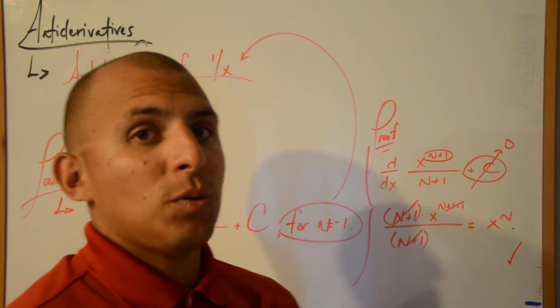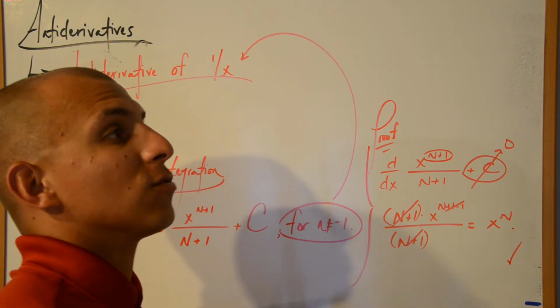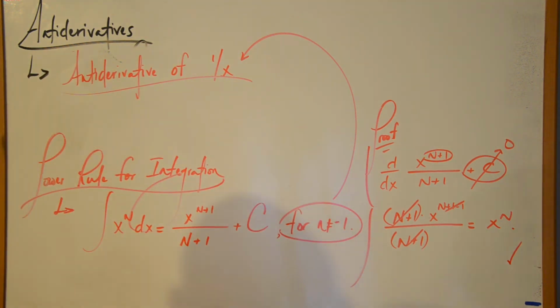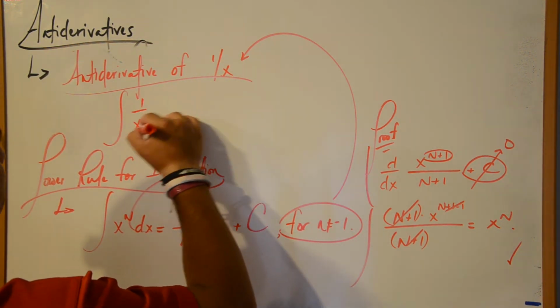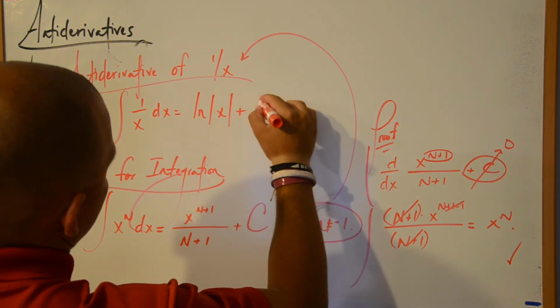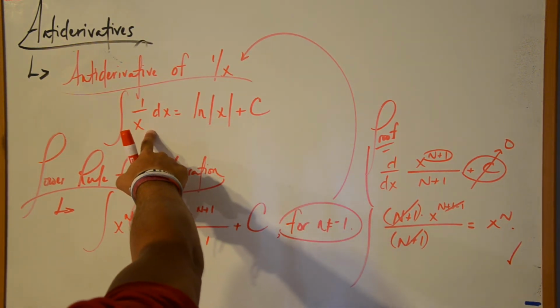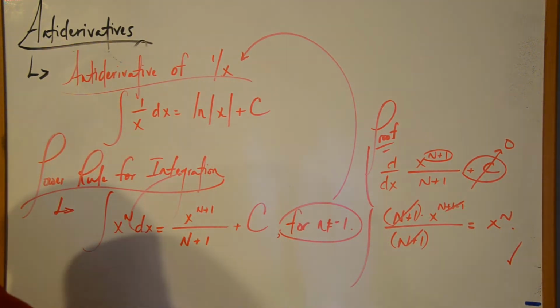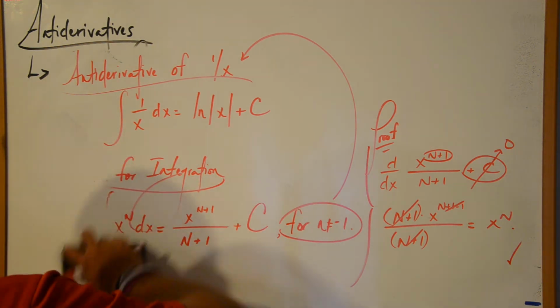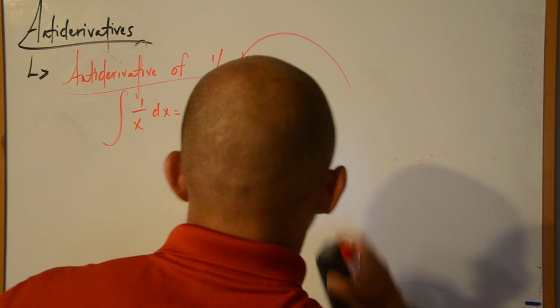In essence, we want to ask ourselves, if we take the derivative, what function could we take the derivative of that would get us this? So if we were to integrate 1 over x dx, that function is the natural log of x plus c. The derivative of the natural log is 1 divided by x.